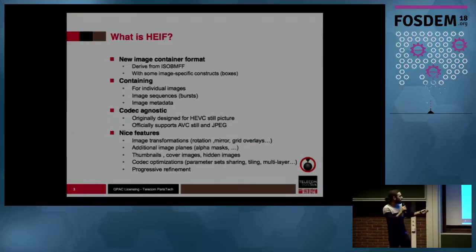We have a lot of nice features like image transformations, for example rotation, mirror, or grid overlays. There are also additional image planes like alpha masks. We can add thumbnails, cover images, or hidden images. You can also do codec optimizations, and we have progressive refinement.